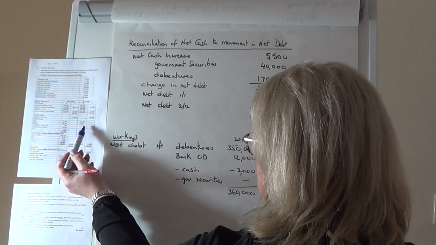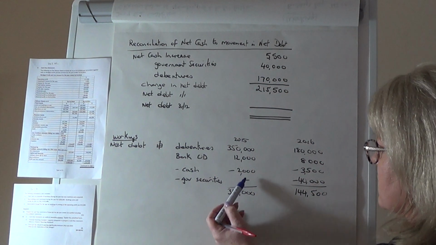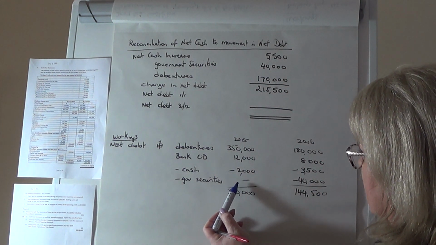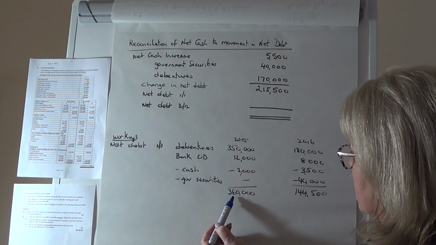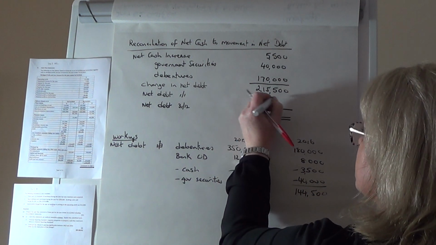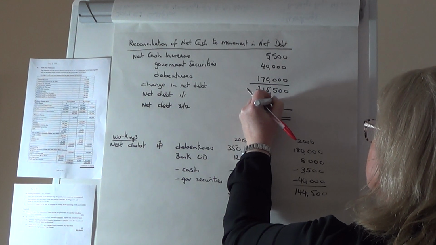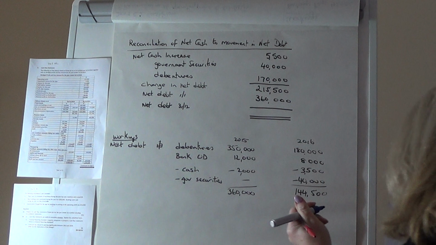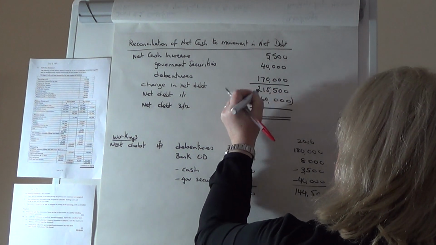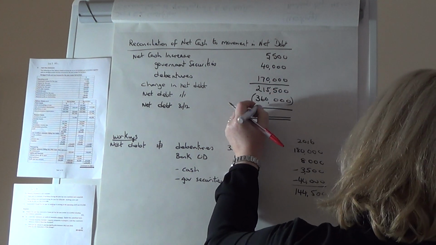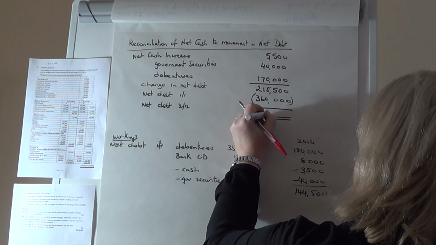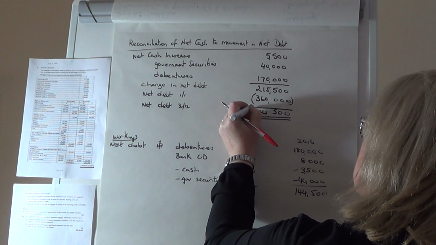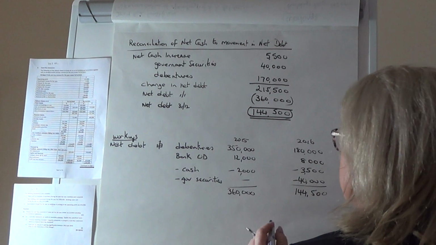And at that stage we didn't have any government securities, so there's only 2,000 to offset against that. So the net debt opening was 360,000. So if I put that with the changes in the net debt, then my closing net debt should be 144,500. And again, it's all minus figure.